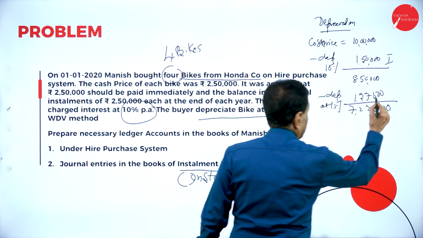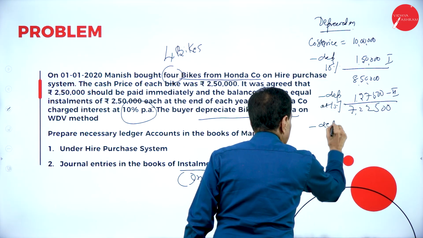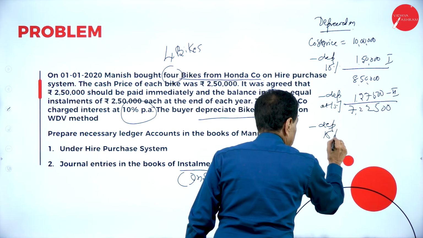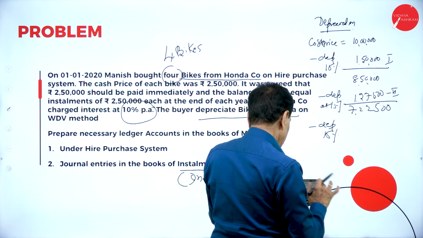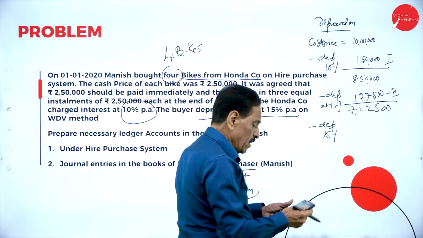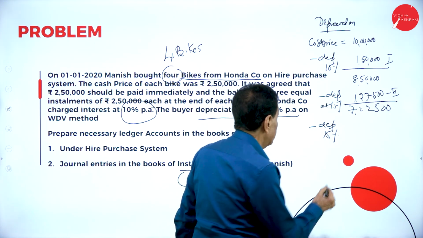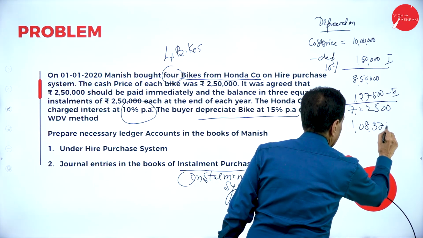7,22,500 for the second year, minus depreciation at 15%: 7,22,500 into 15 divided by 100 is 1,08,375.